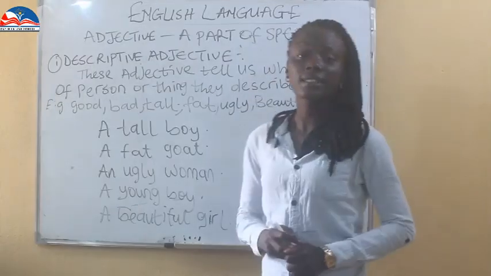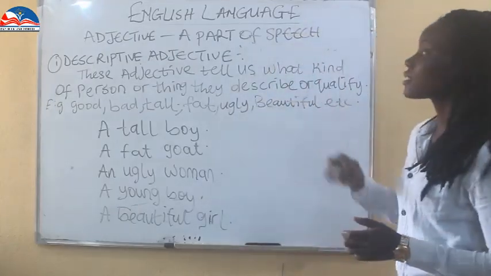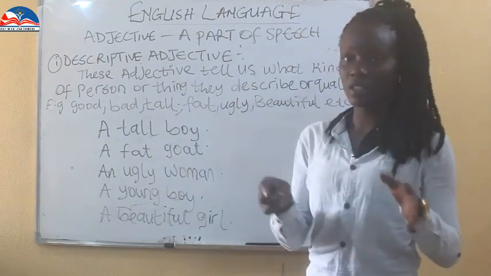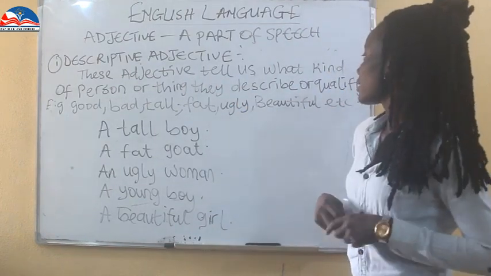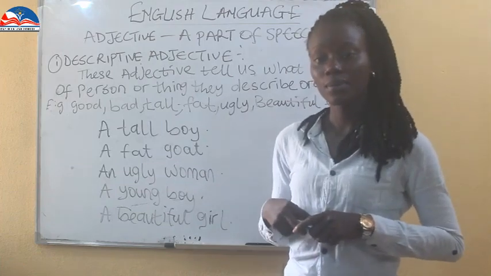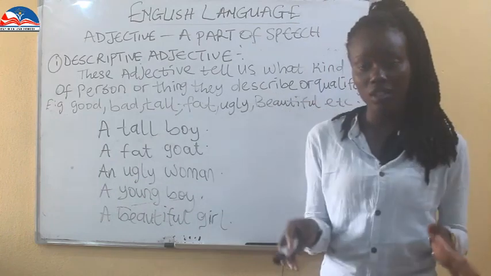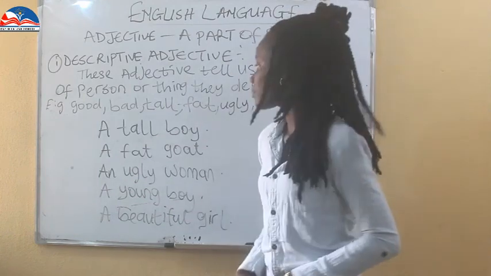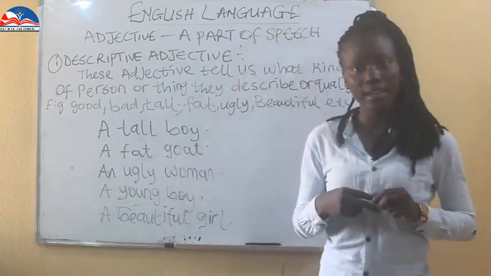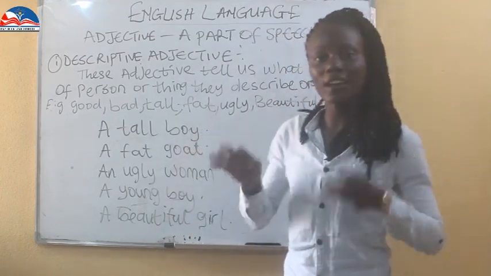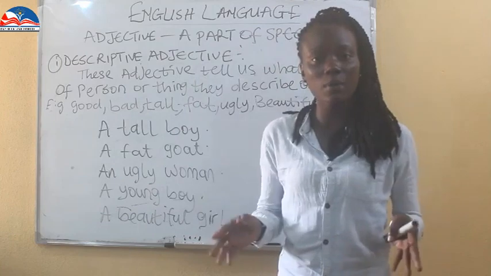We have descriptive adjective. This adjective tells us what kind of person or thing they describe or qualify. It tells us how we describe a person or a thing. A tall boy. This is the noun. Which kind of boy are you talking about? You want to describe a person.